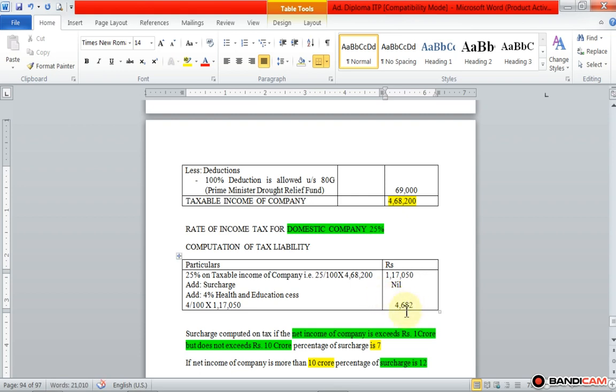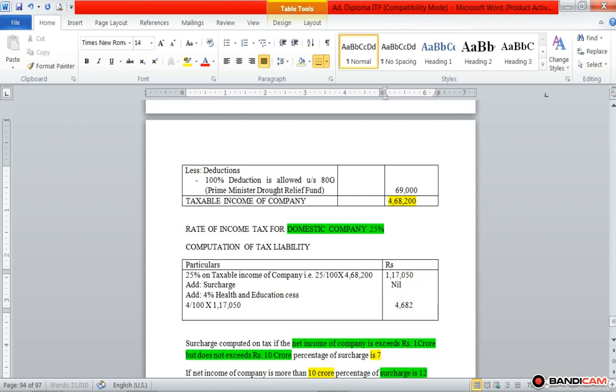4,682. Okay, now add this cess in tax and make a total. So here, 1,17,050 plus 4,682. So the total tax liability of the company is 1,21,732.